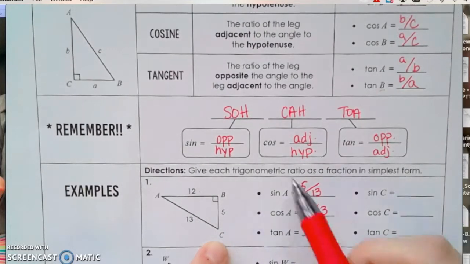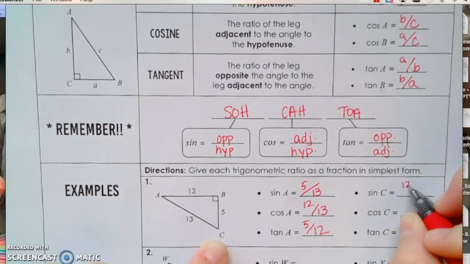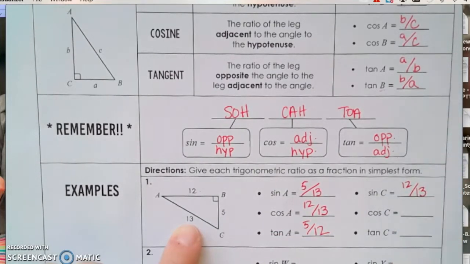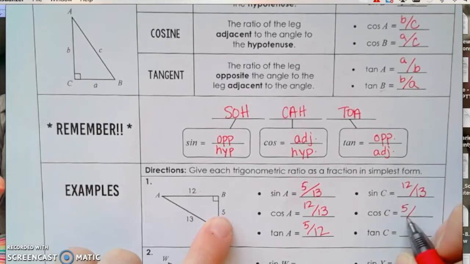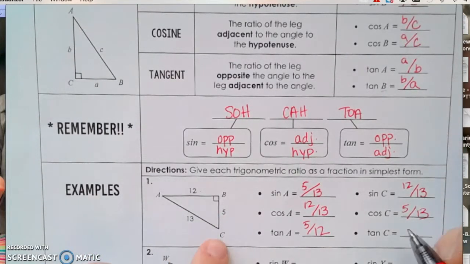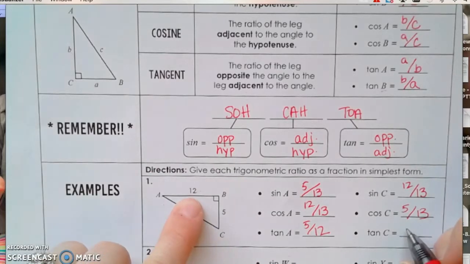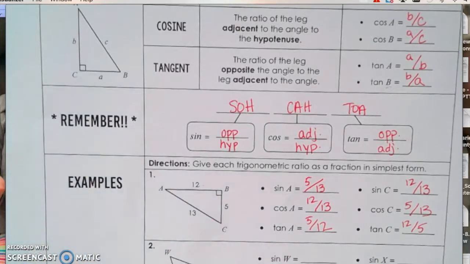So sine is opposite over hypotenuse. Opposite would be 12. Hypotenuse is 13. The cosine of C, that is your adjacent side, which is 5, over your hypotenuse, which is 13. And then lastly, your tangent of C is your opposite, which is 12, over your adjacent of 5.